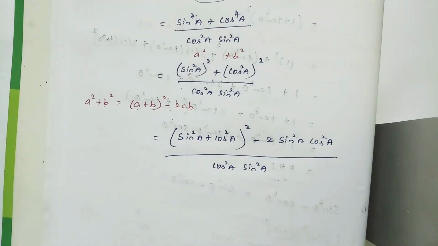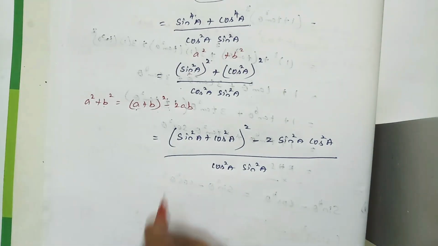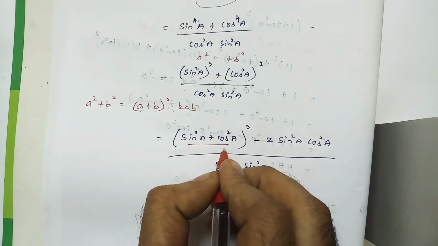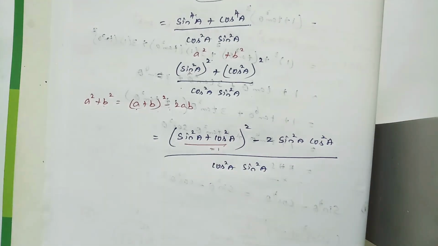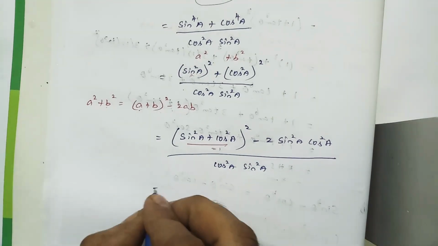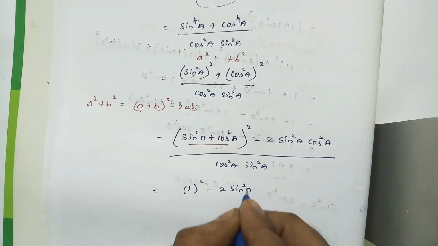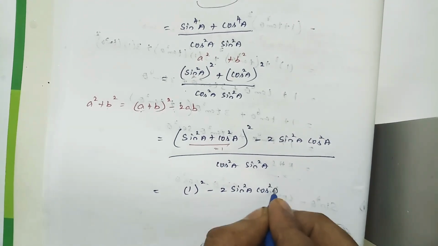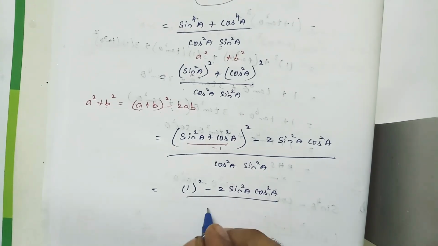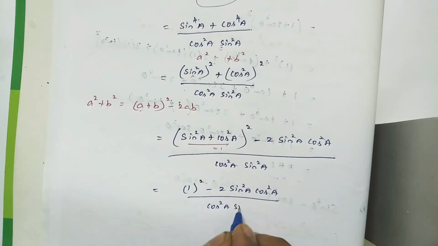Now see the identity: sin²A plus cos²A is equal to 1, so 1² minus 2 sin²A cos²A, whole divided by cos²A sin²A.